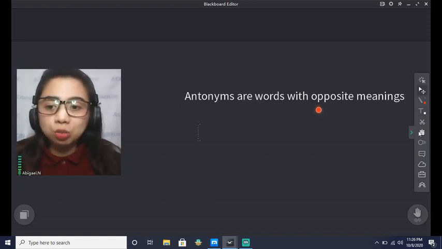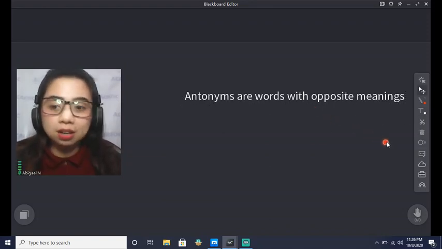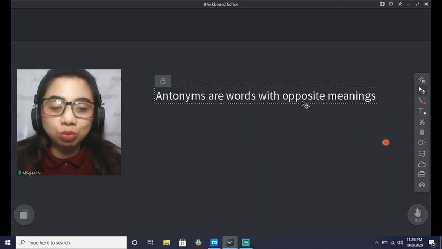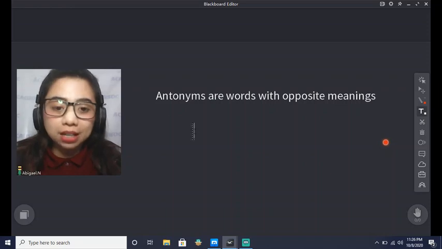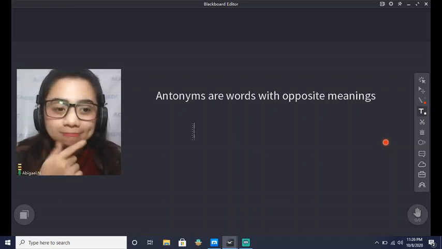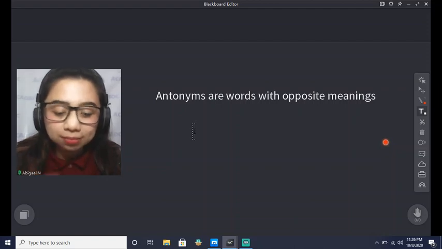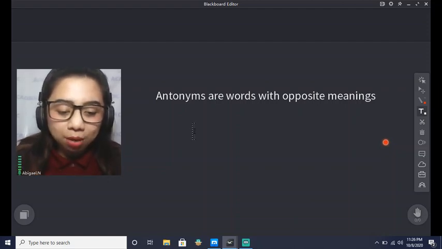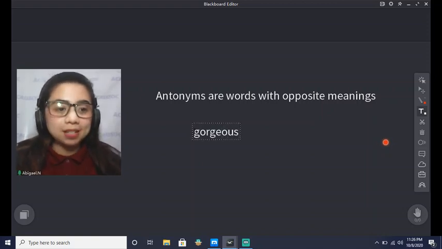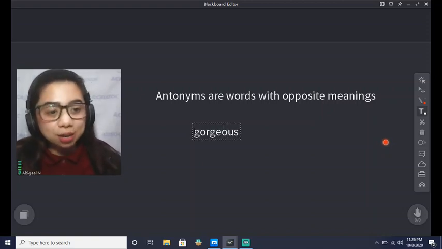There are so many words that are contradicting to each other when it comes to their definitions. For example, let me think of a word. How about this one? Gorgeous. I'm sure you know this word.